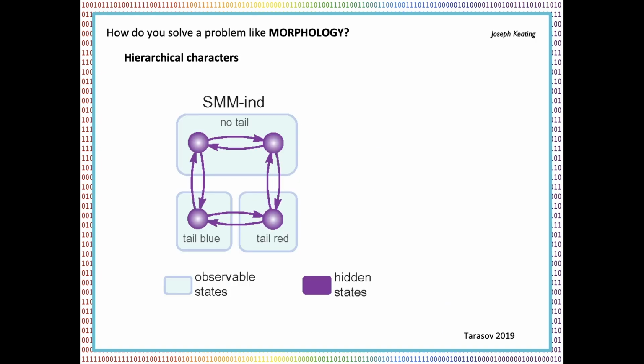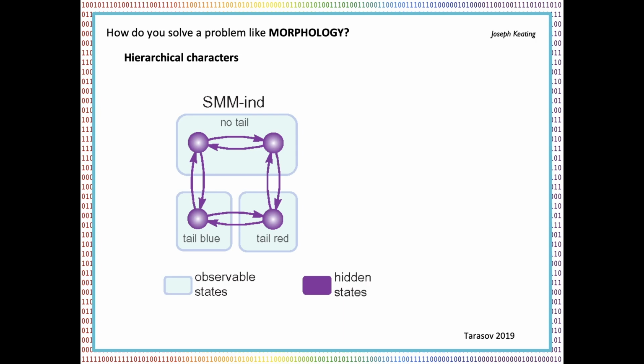In a 2019 paper, Sergei Tarasov presented an innovative solution to this problem using structured Markov models. These models allow us to consider both observable morphological states as well as the hidden gene regulatory states that underlay them.